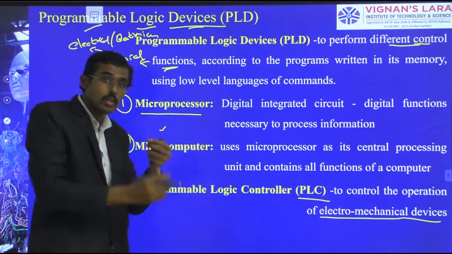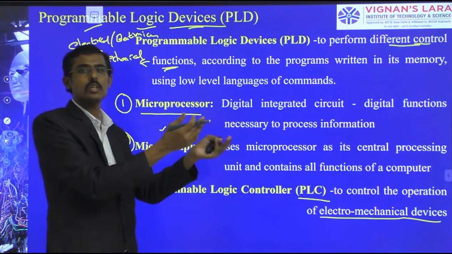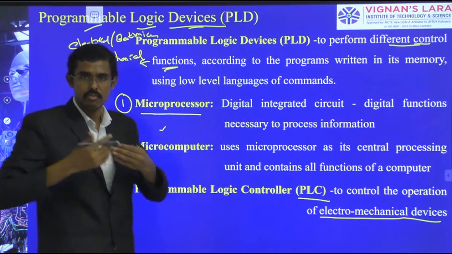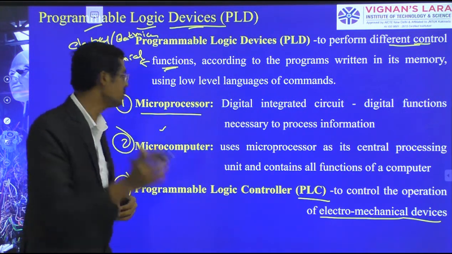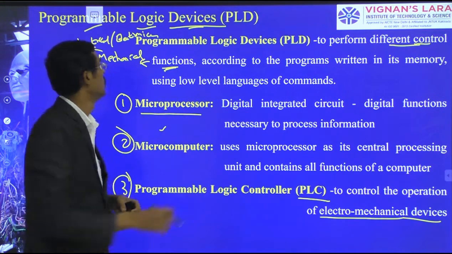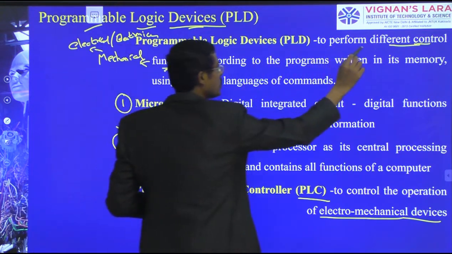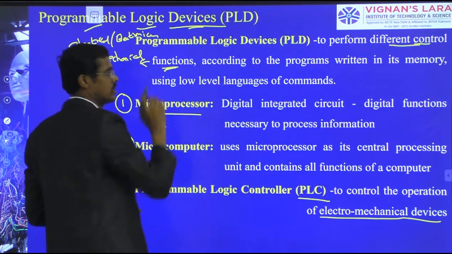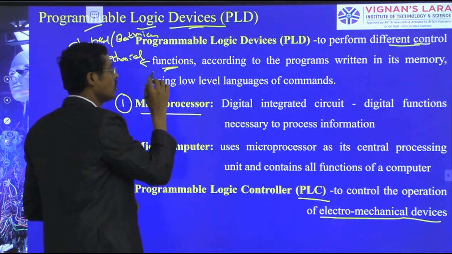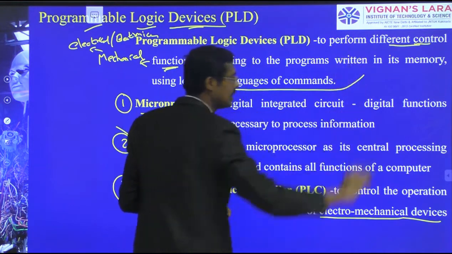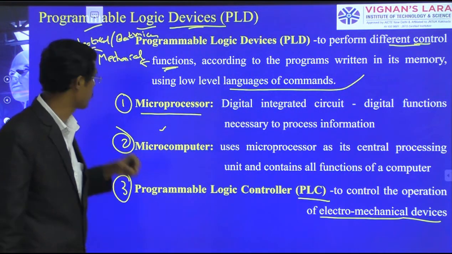This processor does the job. Input-output is the mouse and keyboard, but where the arithmetic and logical operations are done, all these things are done by this processor. So it performs different control functions according to the program written in its memory using low-level language commands. Now we come to them one by one.